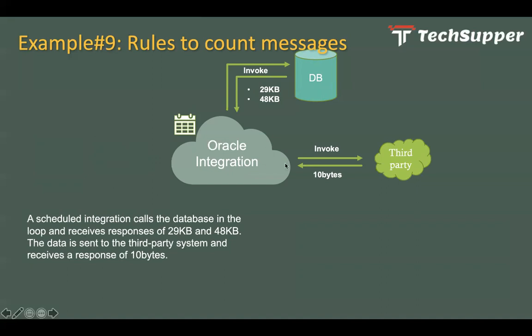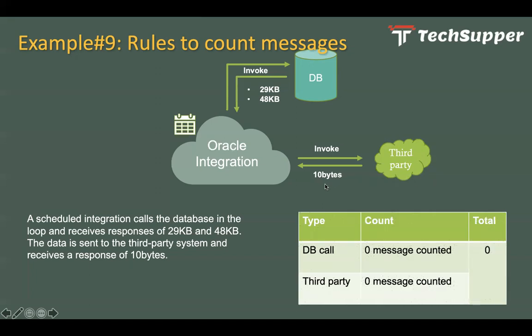A scheduled integration calls the database in a loop and receives responses of 29 and 48 KB. The data is sent to the third party system and it receives a response of 10 bytes. So in this case, because the responses are within the limit of 50 KB, nothing will be counted. And here also nothing will be counted because everything is within the limit.